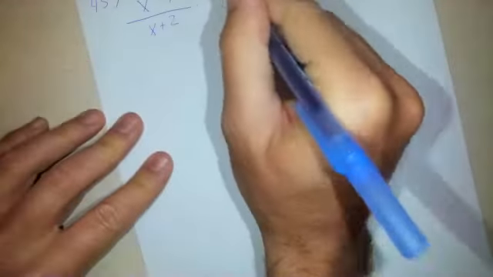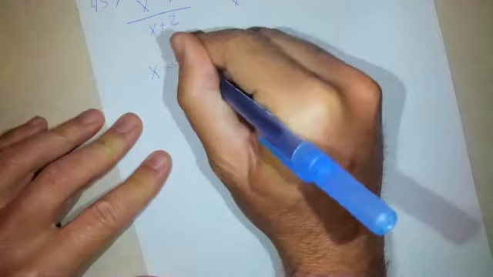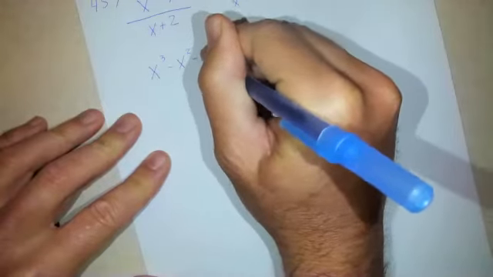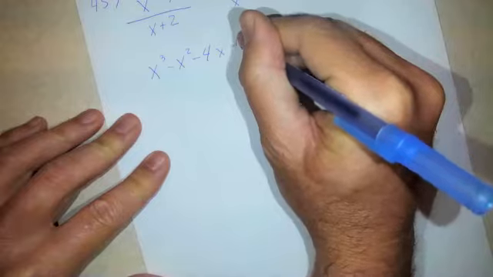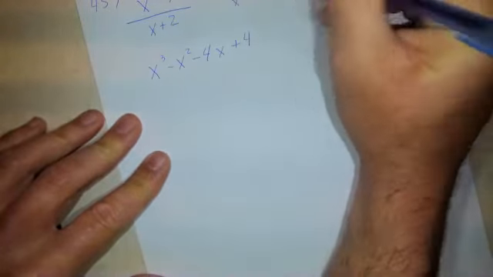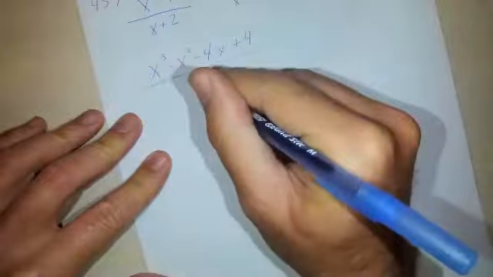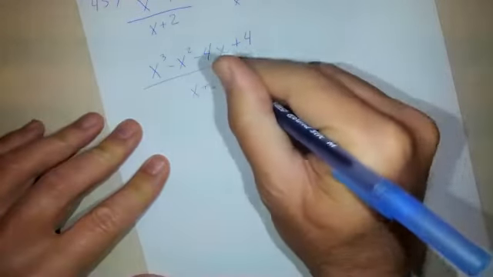Okay. They have a common denominator, so if you just go ahead and do this, minus x squared minus 4x. But remember, it's going to be a plus 4, because what are we really subtracting? We're subtracting that over an x plus 2 situation.